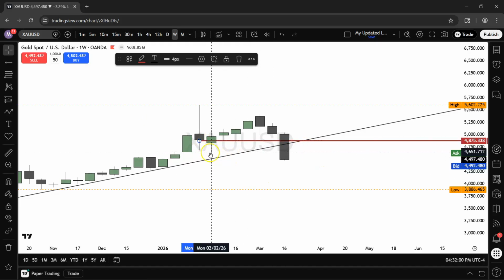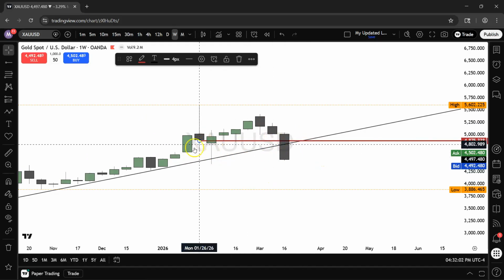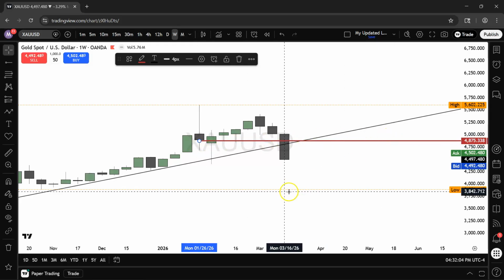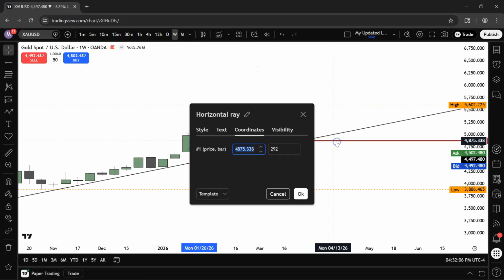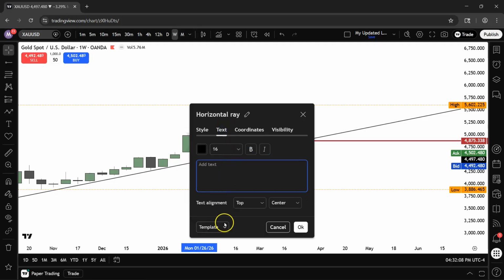And what do we have? We have a break, right? A cross over that red line. Now is what we call a market structure shift. We're going to label it market structure shift.